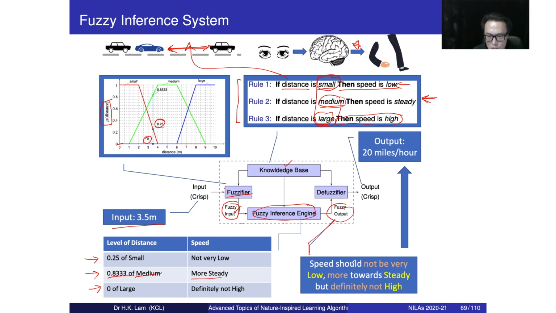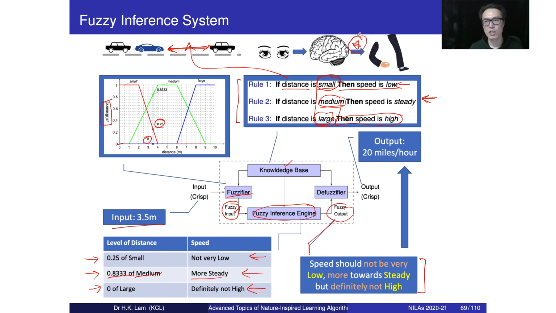The speed should not be very low because of this rule, and more towards steady because of 0.83 of rule 2, but definitely not high because of the third rule. So I come up with something like this.